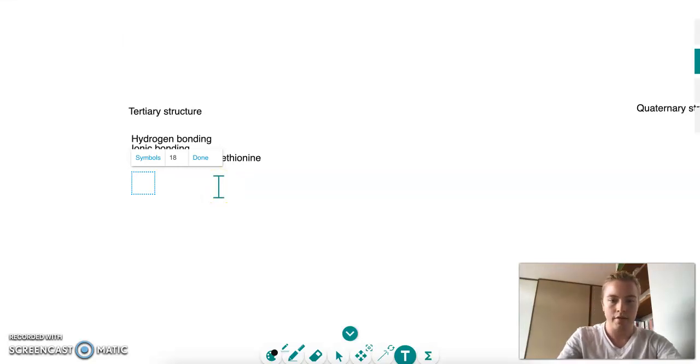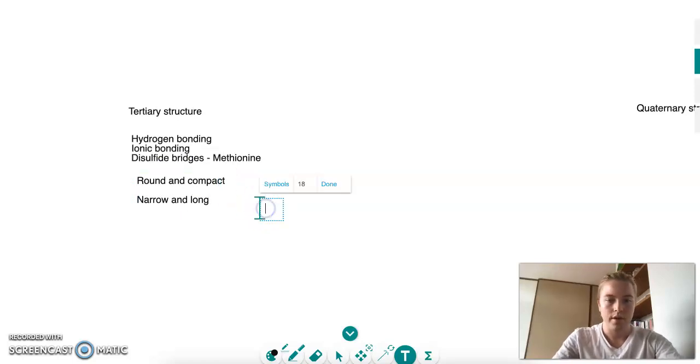So you can have a tertiary structure where it's more round and compact, or you can have a tertiary structure where it's narrow and straight, or narrow and straight and long. So this is significant because this will play a part in the role that the protein has.